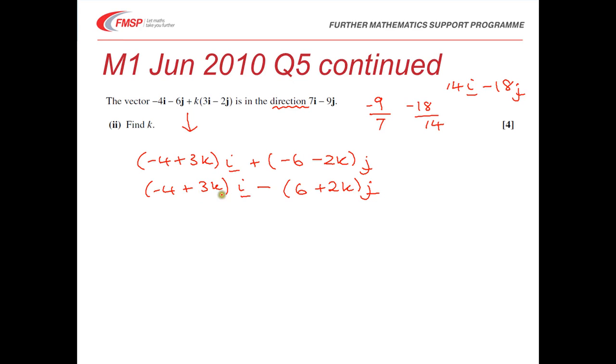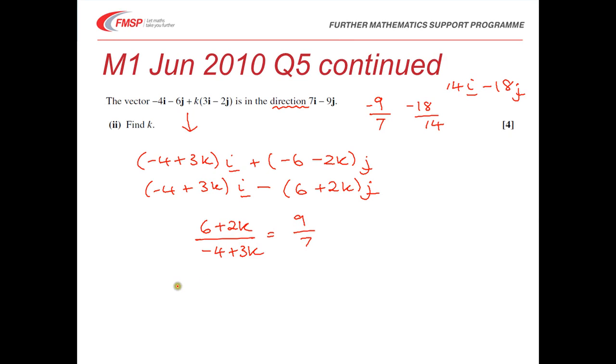And we know the content of that brackets has to be in the ratio 9 over 7. So we know that the ratio of the j component, neglecting the negative because there's one here and there's one there, to the i component must be 9 over 7.